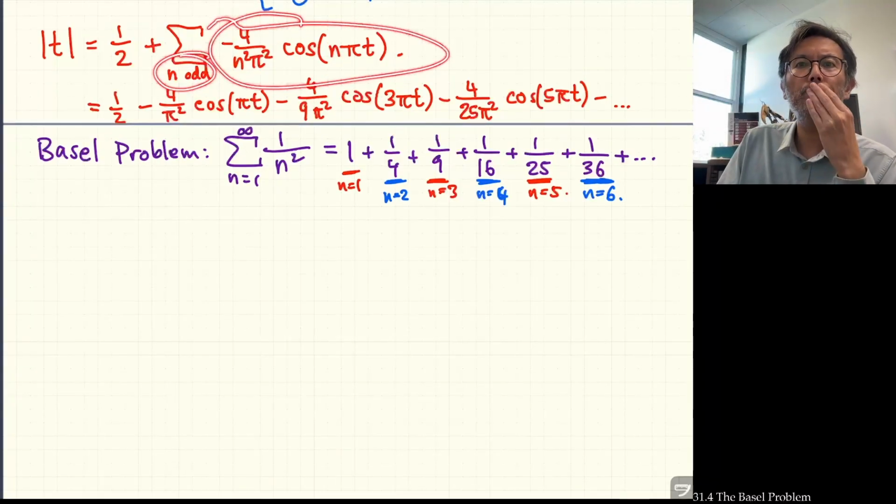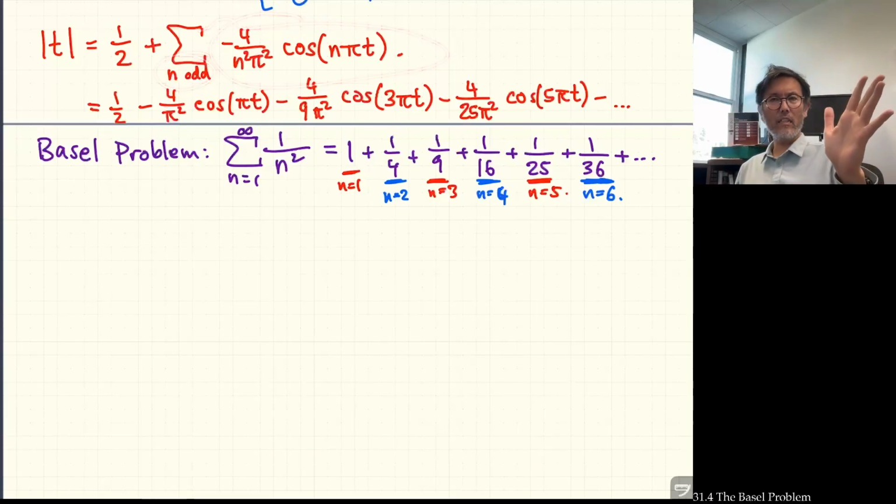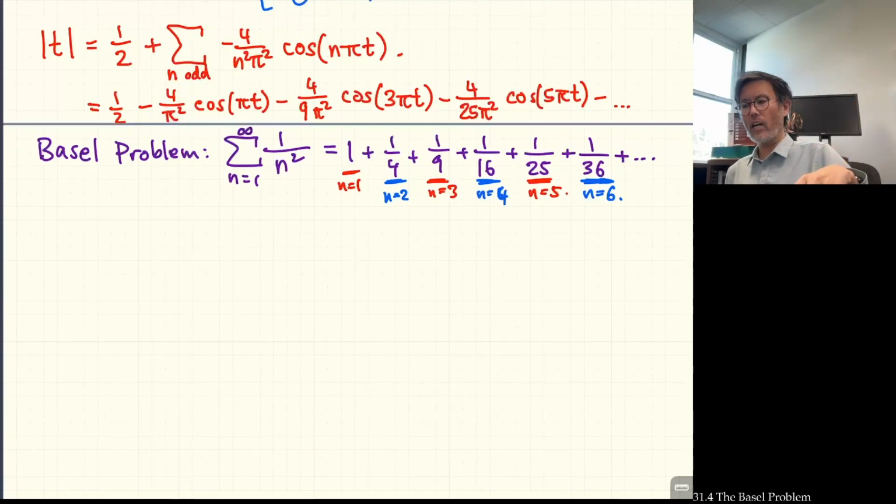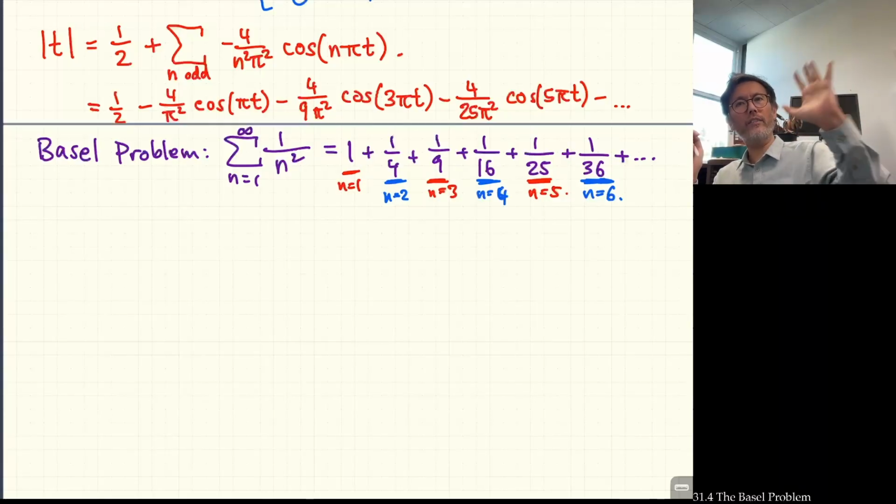All right? So I think that's going to give us some foothold to understanding what's happening when n is odd. What we need to do is understand what happens when n is even. Okay? I want to understand the sum from n equals 1 to infinity of 1 over n squared, but only thinking about the even terms, the even values of n.